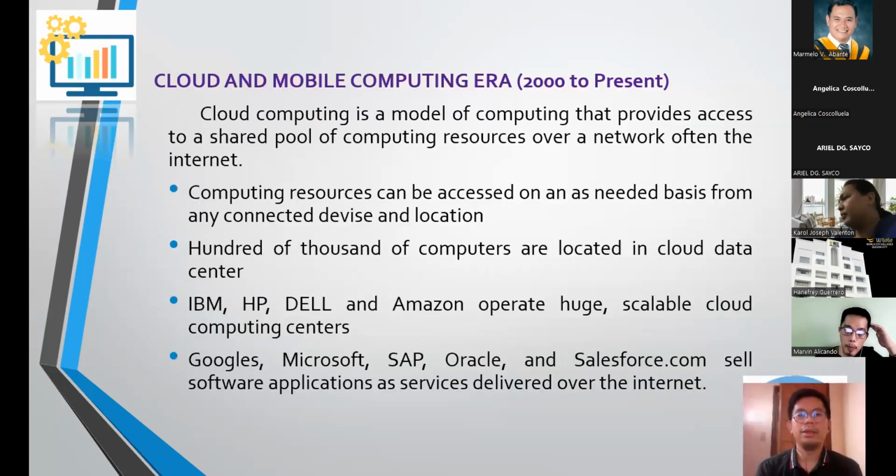The fifth era is known as the cloud and mobile computing era, that is from the 2000 millennium to the present. So in the cloud and mobile computing era, the enhancement and further development of the internet with its bandwidth power helped to create and develop cloud and mobile computing, which can be considered as the improved and modernized version of the enterprise computing era.